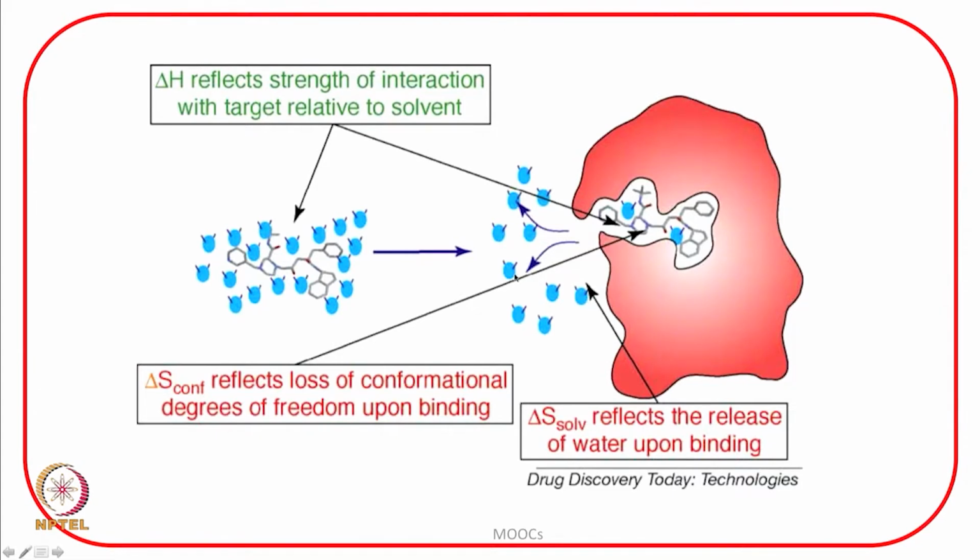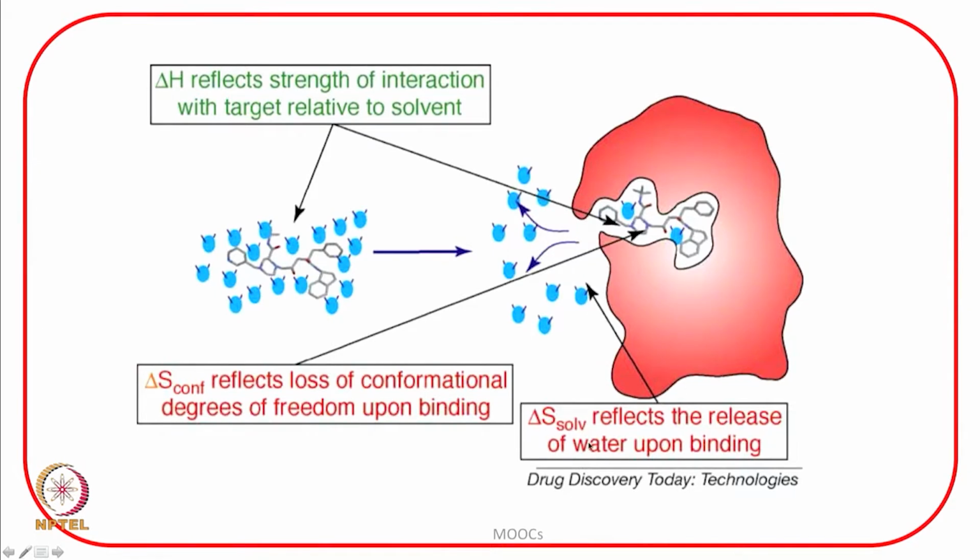But at the same time, if you see over here, the removal of water molecules generates entropy, because the free water molecules are released. So, delta S conformational reflects loss of conformational degrees of freedom upon binding. That is another factor I was saying: if there is, for example, a rotational degree of freedom in this molecule, it will go bind and lose that degree of freedom.